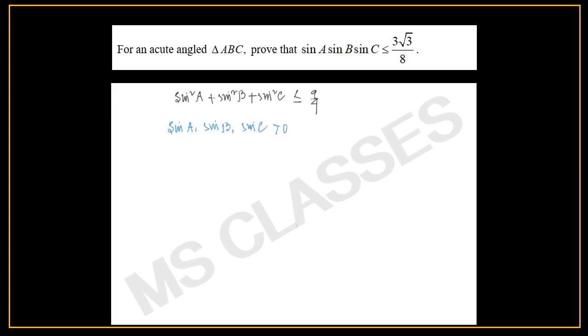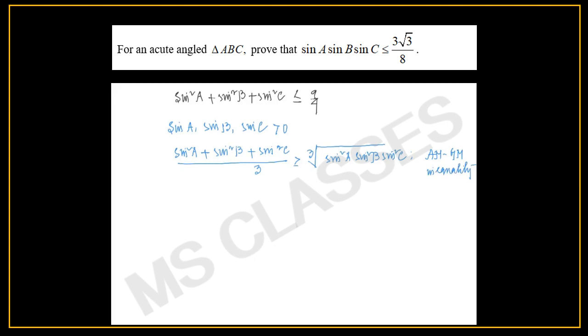Now, after that, we can apply here AM-GM inequality over sine square A plus sine square B plus sine square C greater than cube root of sine square A, sine square B, sine square C. That is, here we are using AM-GM inequality.